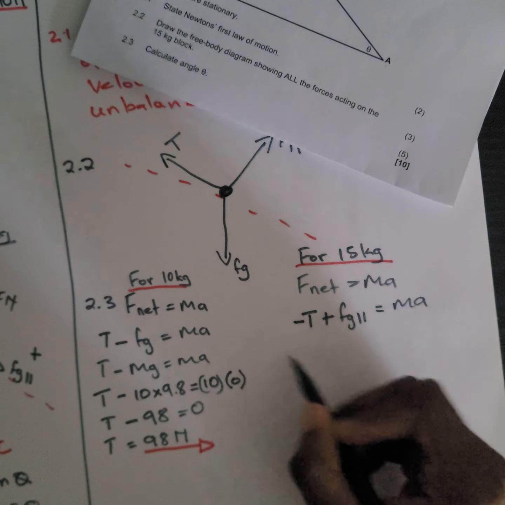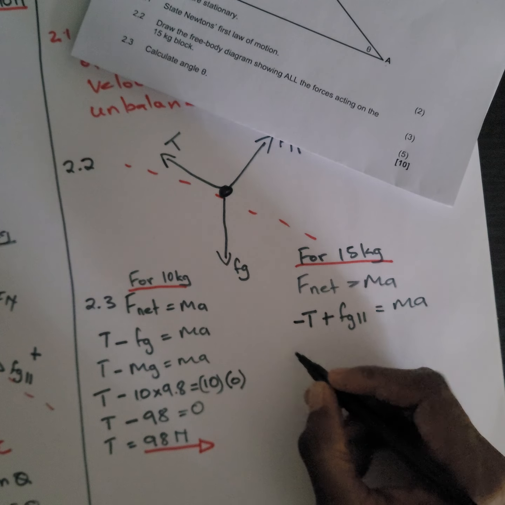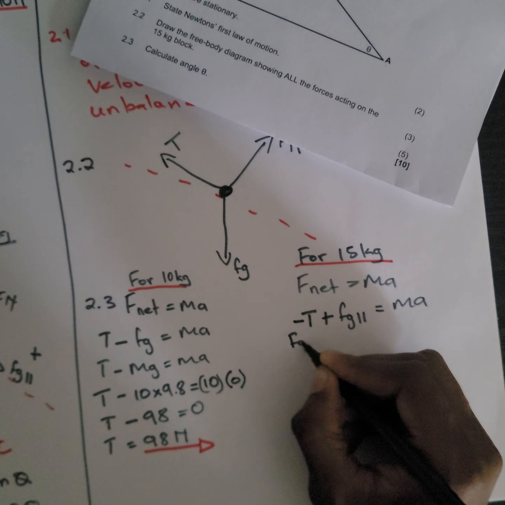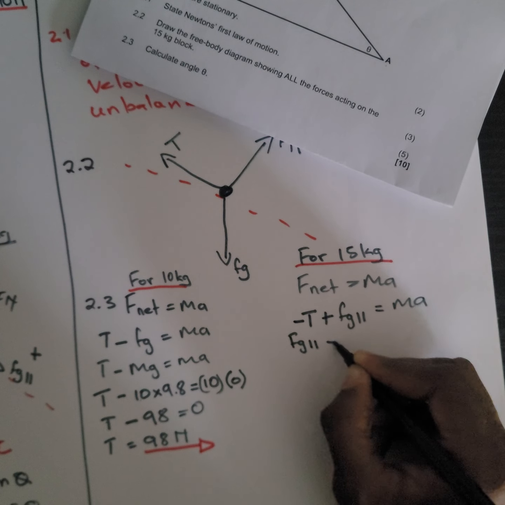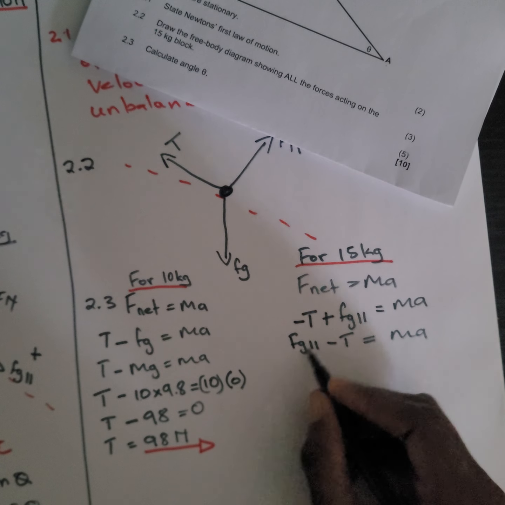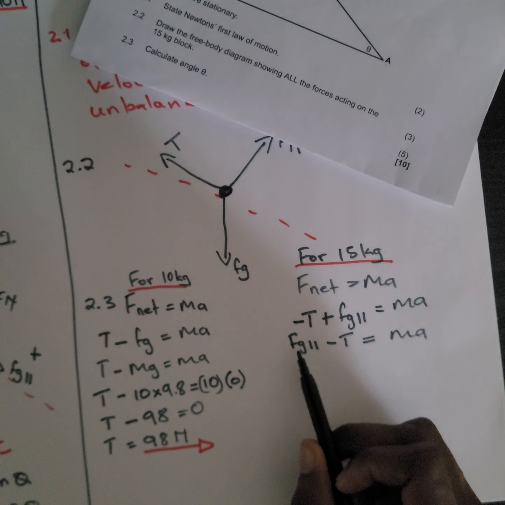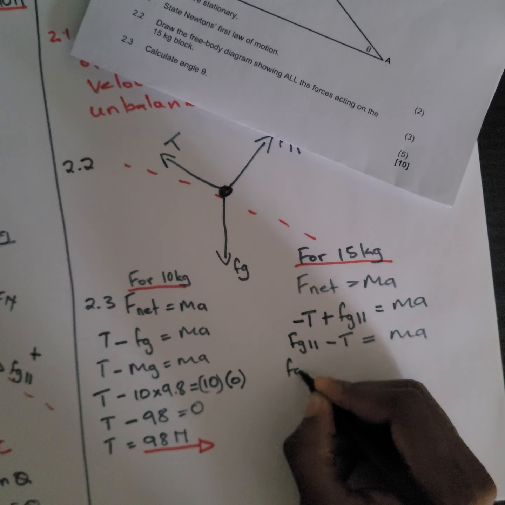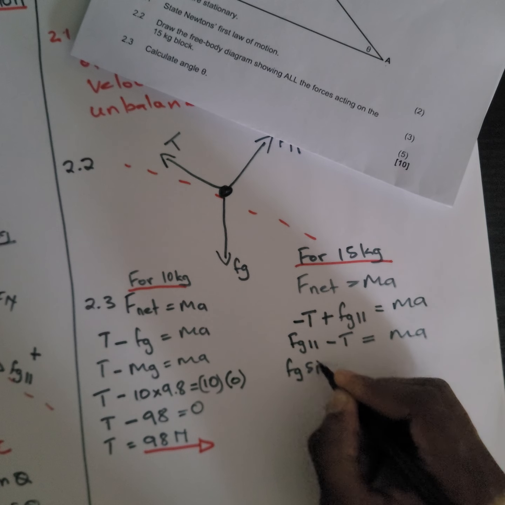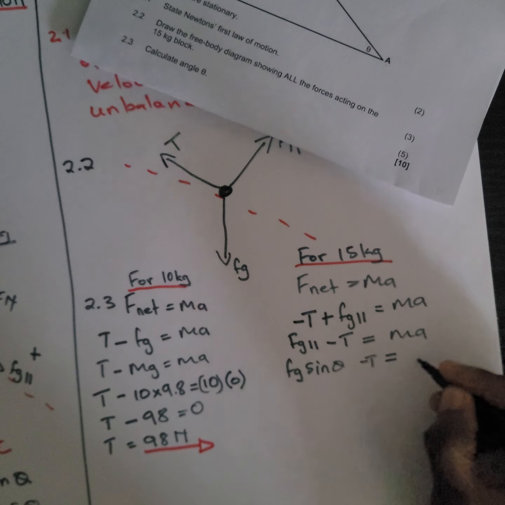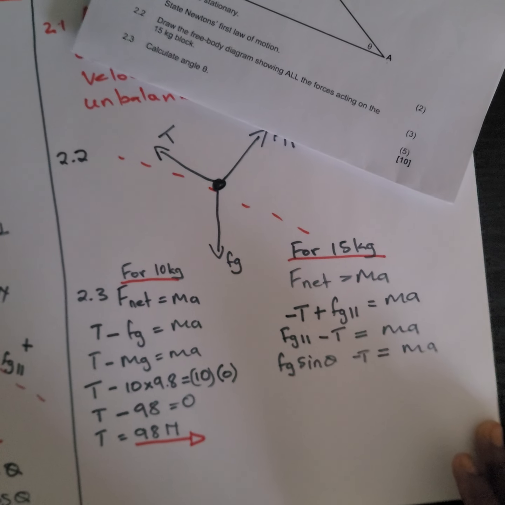But remember, we said we're starting with the positive ones, so it's still not a problem. We can write it as Fg parallel minus tension is equal to ma. And then I know that Fg parallel is equal to Fg sine of theta minus tension is equal to ma.